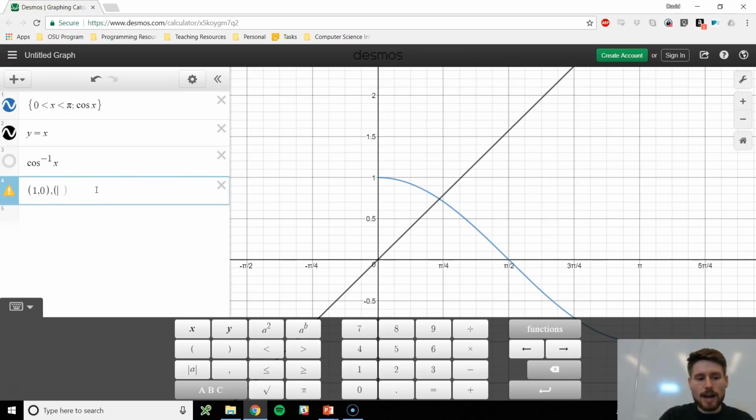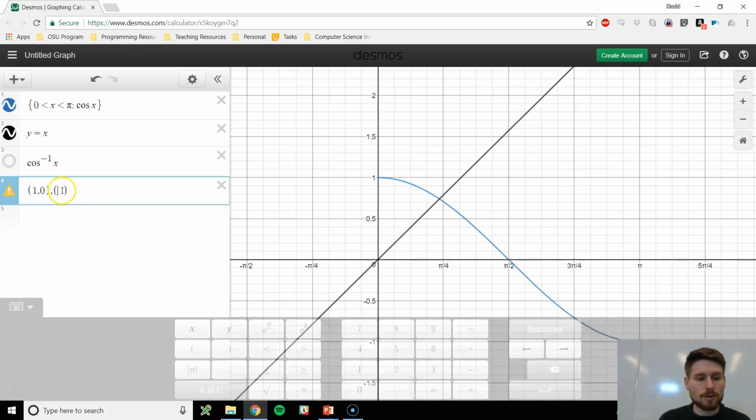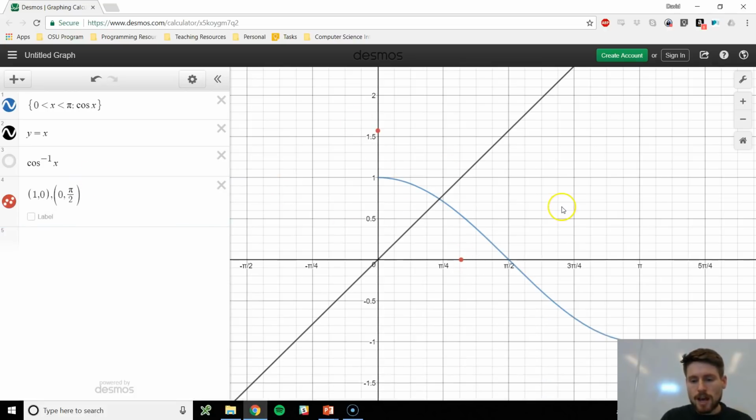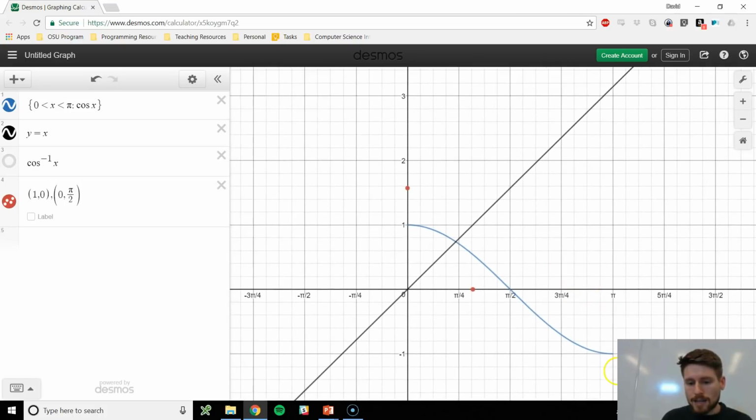Okay, let's just start adding in some points. This point over here, that's (pi over 2, 0), becomes (0, pi over 2). We're already starting to see some shape to the inverse function. So we have these 2 points. And then if we zoom out a little bit, this point down here, (pi, negative 1), becomes (negative 1, pi).